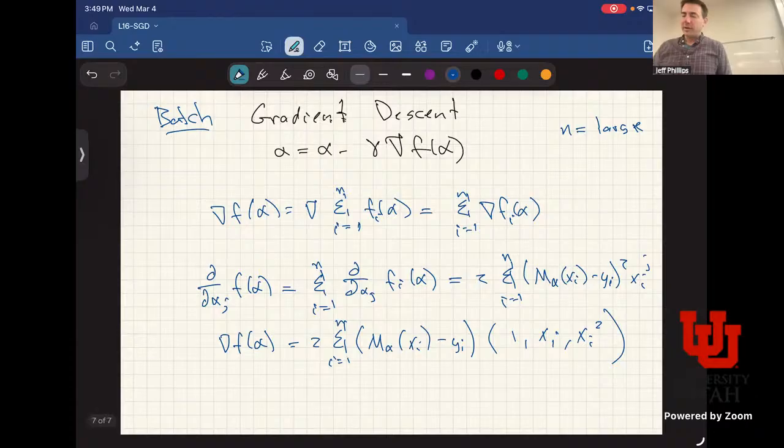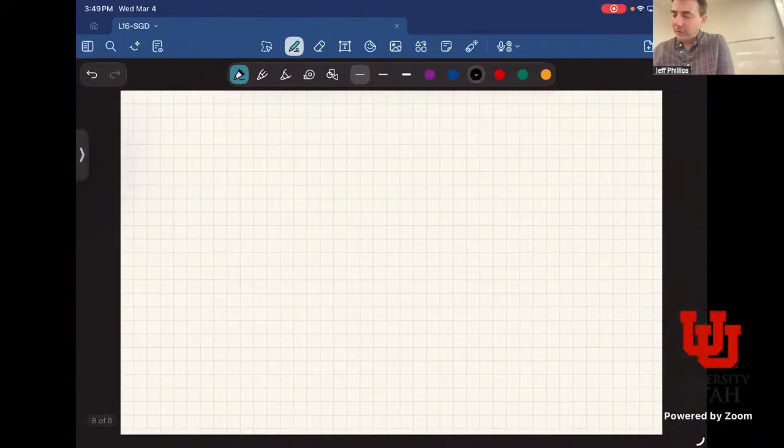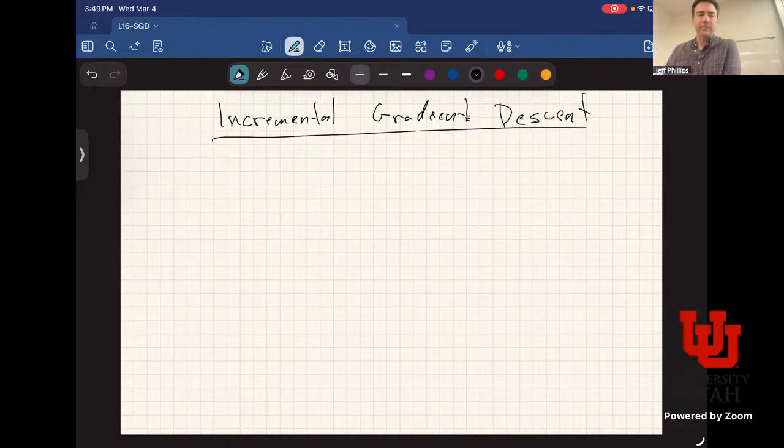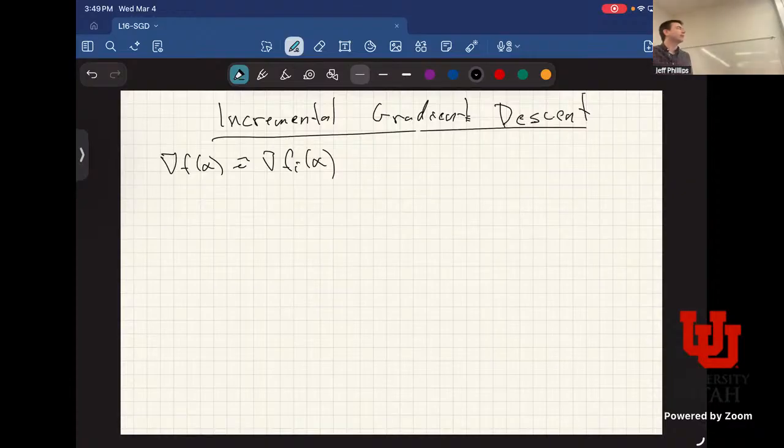So what is typically done instead is called incremental gradient descent. Incremental gradient descent says that, on average, I can use the gradient defined for any one data point as an approximation of the gradient.